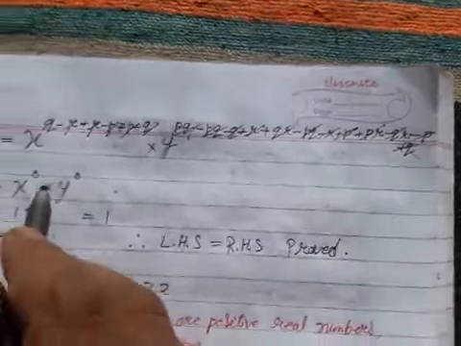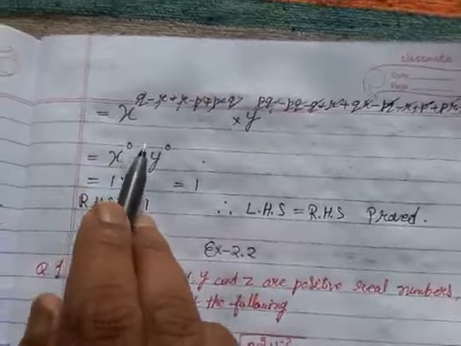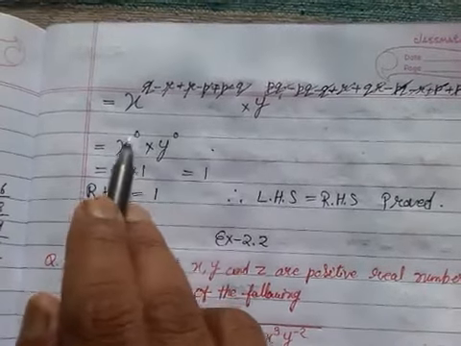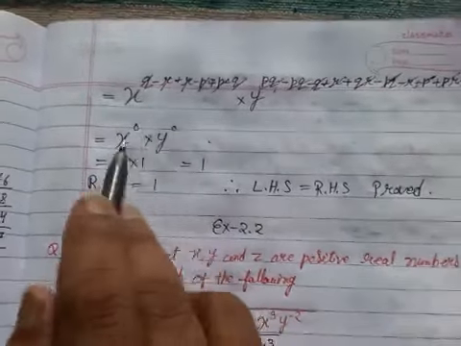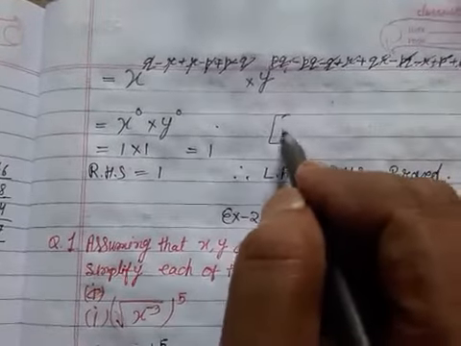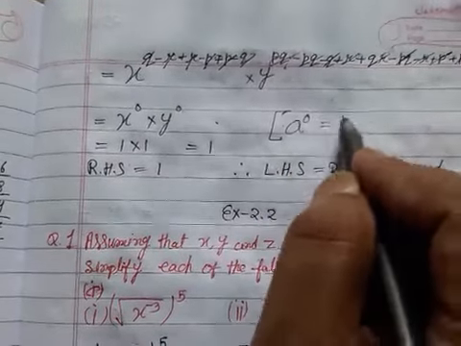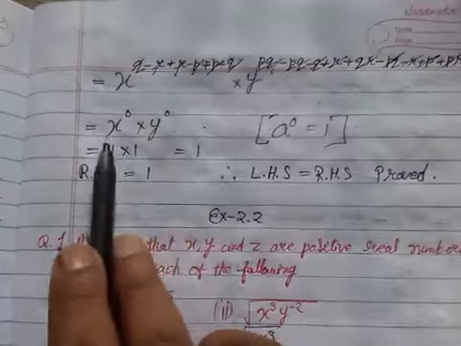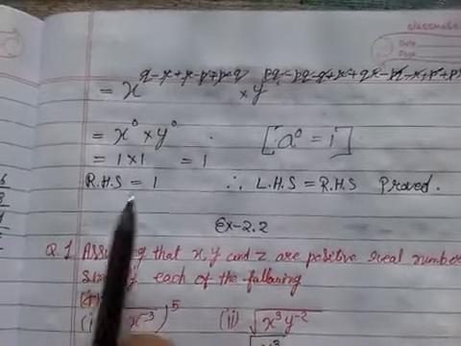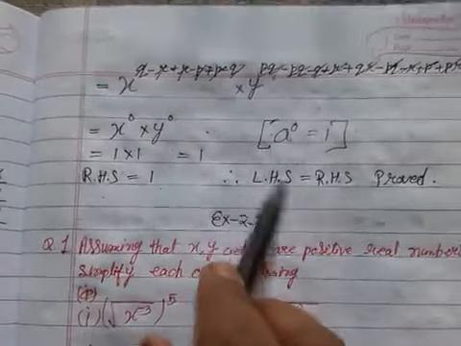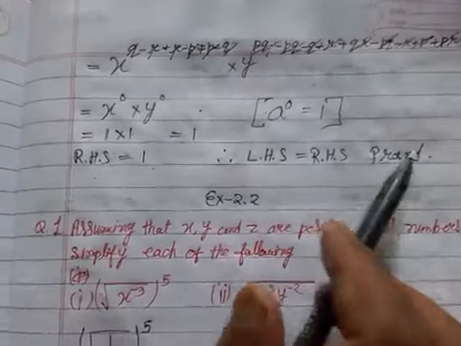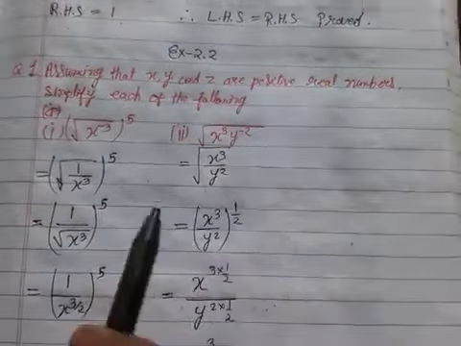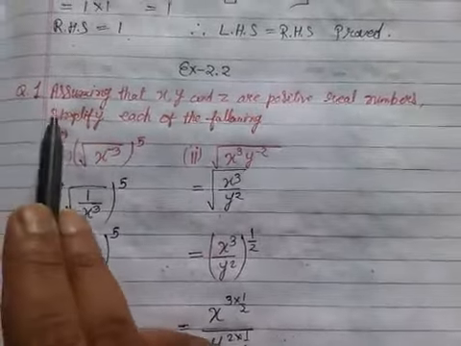Okay, so finally we get the result 0: x to the power 0 into y to the power 0, and we know any a to the power 0 is equal to 1. This is a formula. So we write 1 into 1 is equal to 1, RHS is also 1, so LHS is equal to RHS. Okay, now this is exercise 2.2.